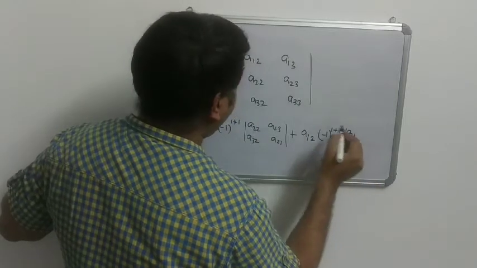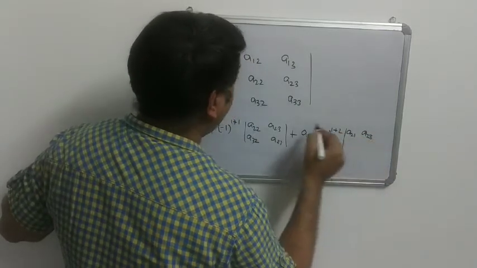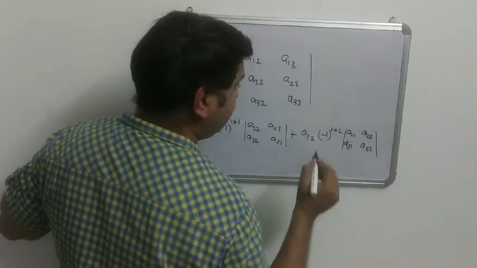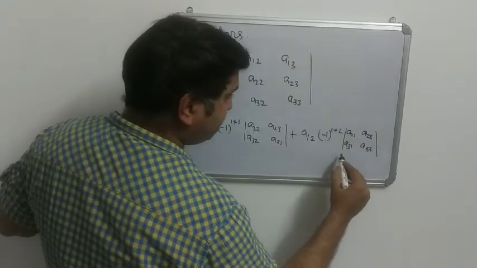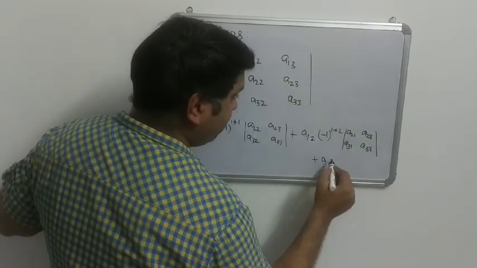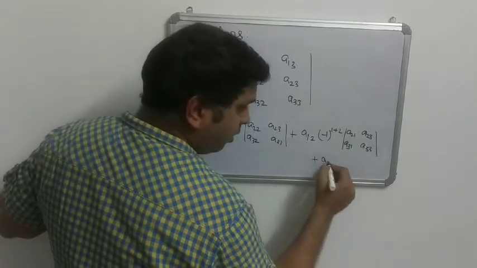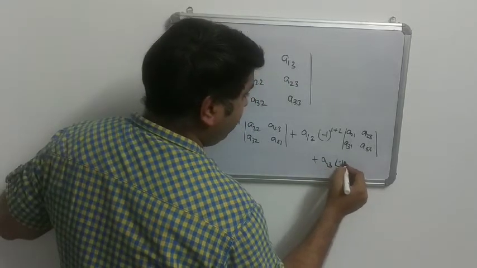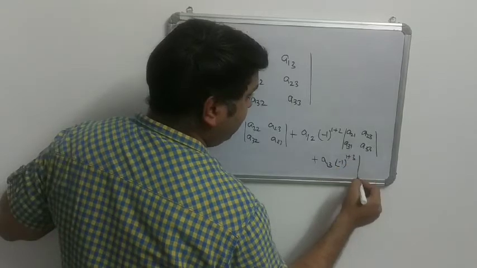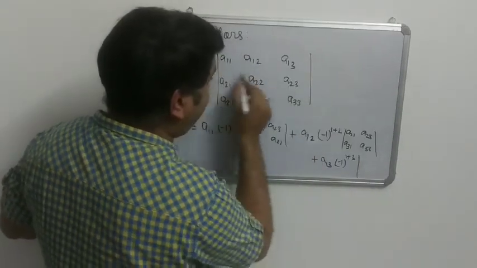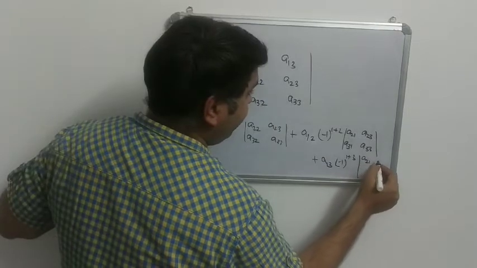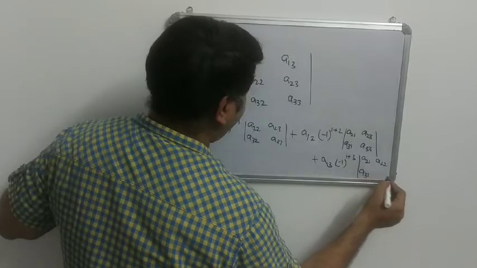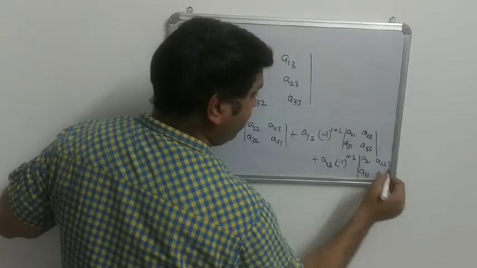So it will be A21, A23, A31, A33, plus A13 into minus 1 to the power 1 plus 3, and the minor of this is A21, A22, A31, A32.